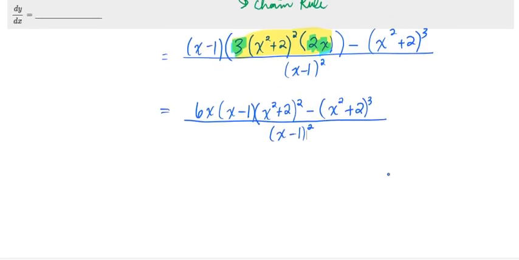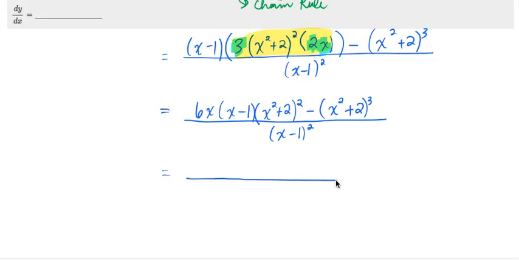I say that because we have 3 terms. This is our first big term, this is our second big term, and then the denominator is a term by itself. None of these 3 terms have any common factors, so we can't just factor something out and cancel common factors. That wouldn't work because there's no x minus 1's here, and in the denominator there's no (x squared plus 2) all squared. Yes, you could factor out an (x squared plus 2) squared from the numerator because the first term has 2 of them and the second term has 3 of them.